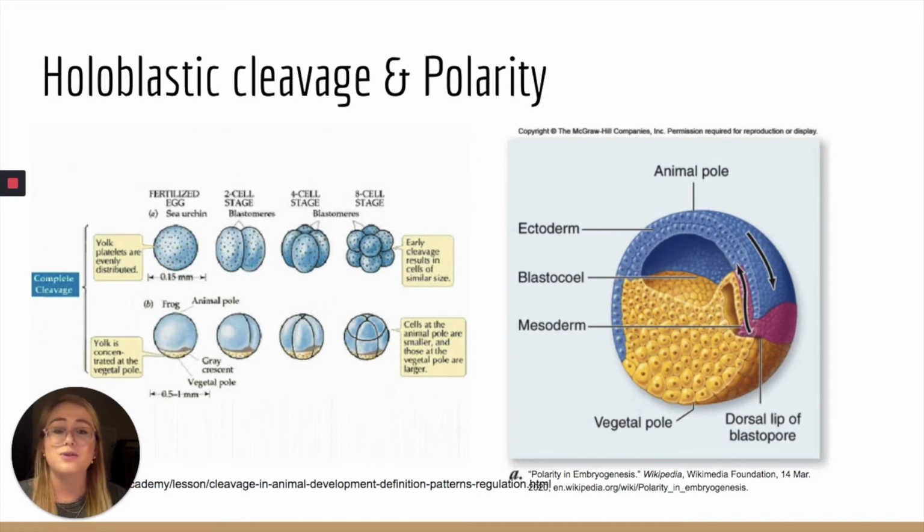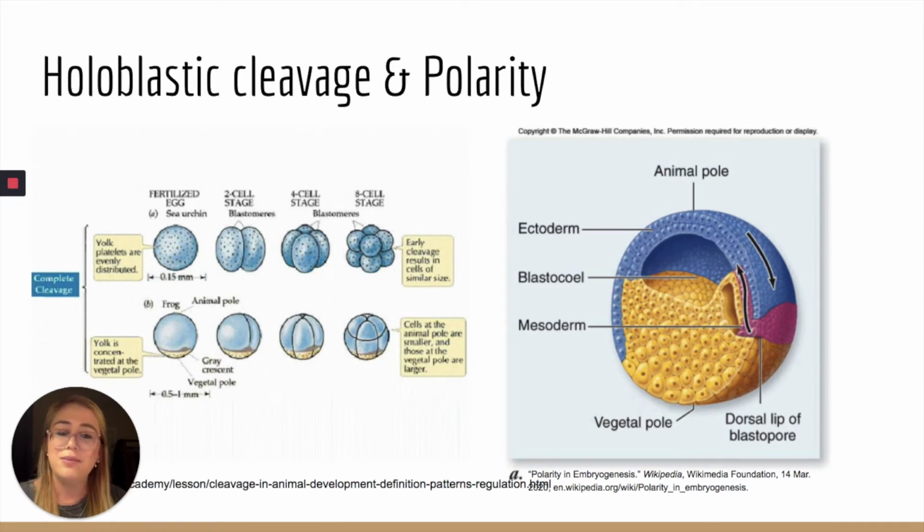The main difference between the animal pole and the vegetal pole is that there's a lot of active division happening at the animal pole. As you can see, the cells are denser. They look a little bit smaller and closer together. That's because it's undergoing rapid division compared to the vegetal pole, in which the division is going to be a little bit slower, and this is eventually where the yolk is.